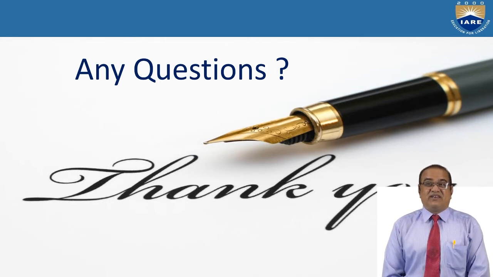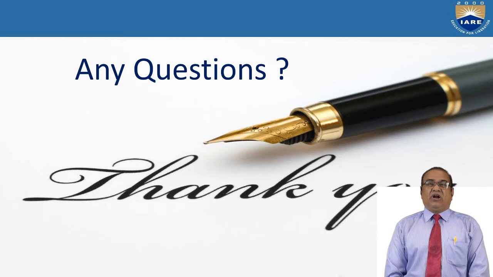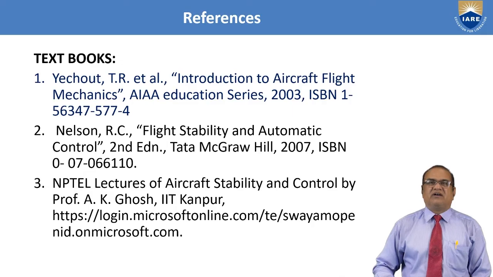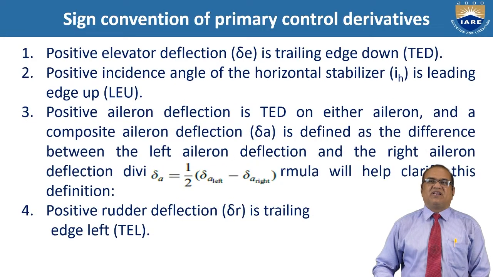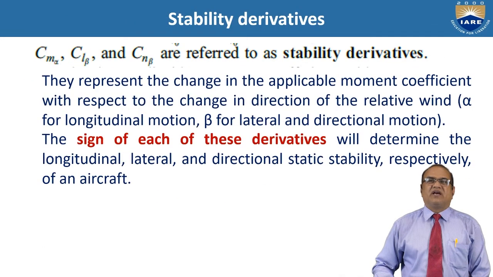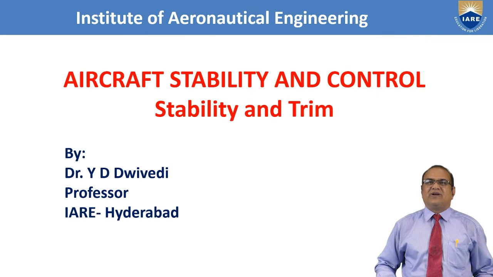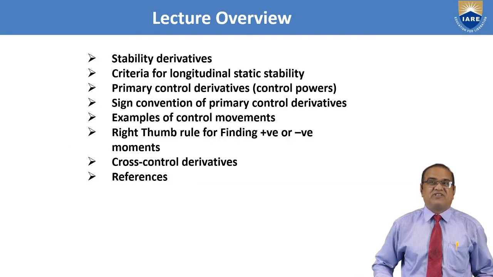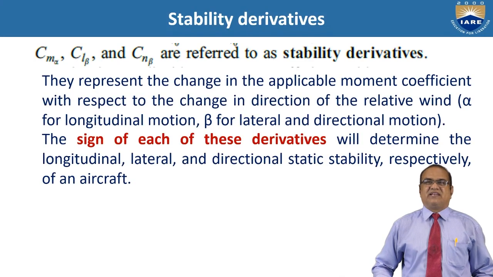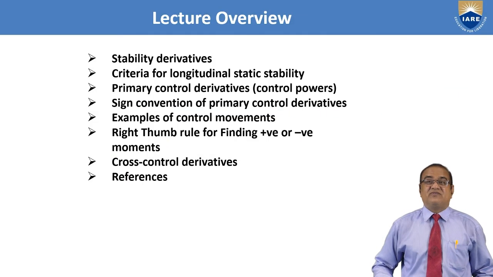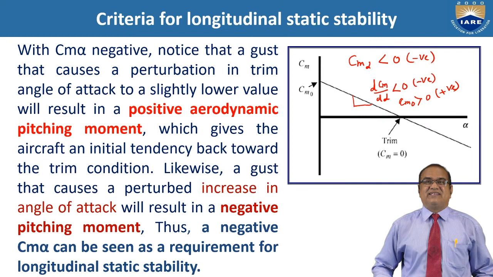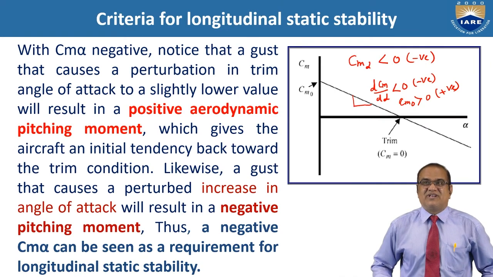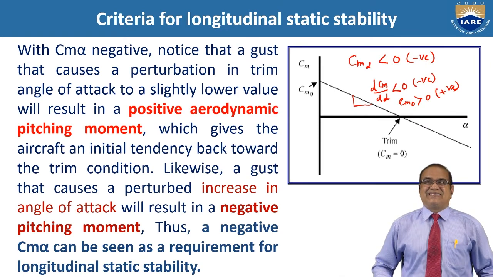So I will revisit all that I have discussed today. I have discussed the starting point, and you can see here that I have gone through stability, then stability derivatives, then the sign, then the criteria of longitudinal static stability. In this, Cm delta A was very important.